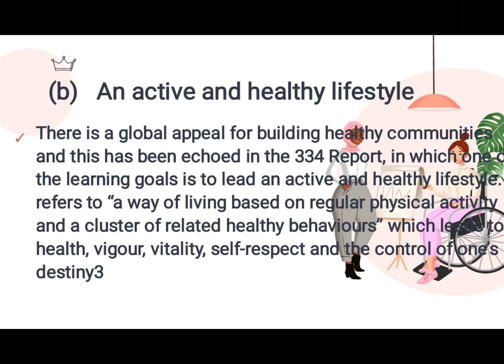Next one is letter B, an active and healthy lifestyle. There is a global appeal for building healthy communities, and this has been echoed in the 334 report, in which one of the learning goals is to lead an active and healthy lifestyle. It refers to a way of living based on regular physical activity and a cluster of related health behaviors, which leads to health, vigor, vitality, self-respect, and control of one's destiny.